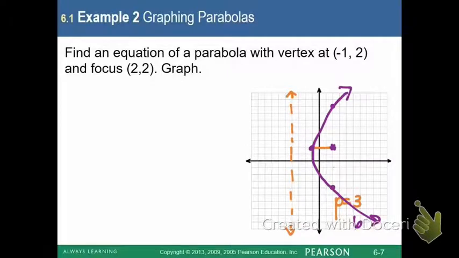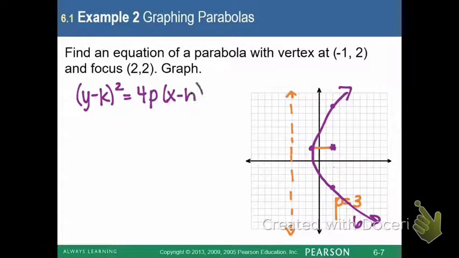So then when I come up with the equation here, since it's opening to the right, left or right, our general equation is (y minus k) squared equals 4p times (x minus h). Again, I use the vertex here, that's (h, k). And so then I just need to plug my numbers into the right places.